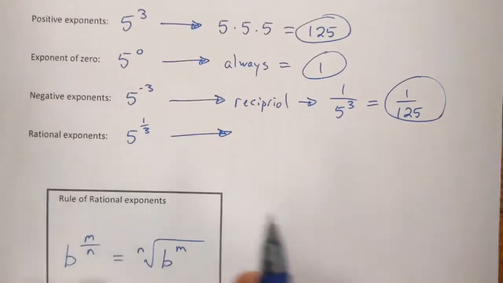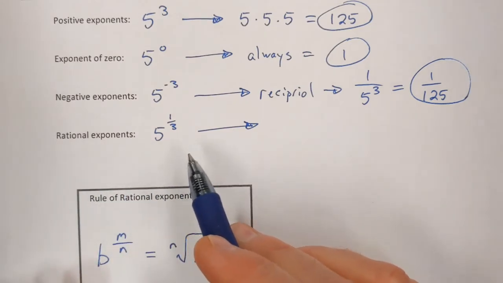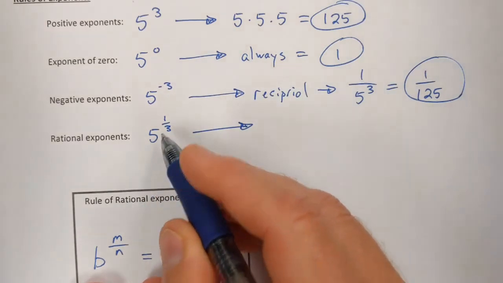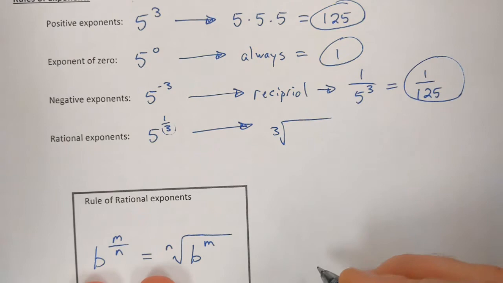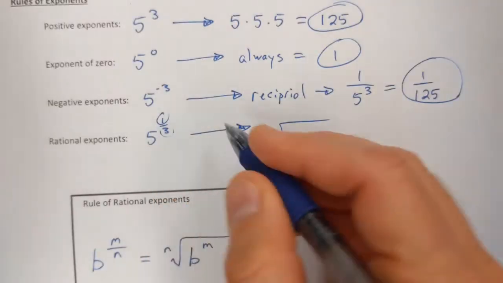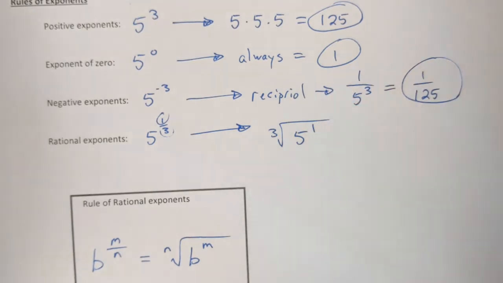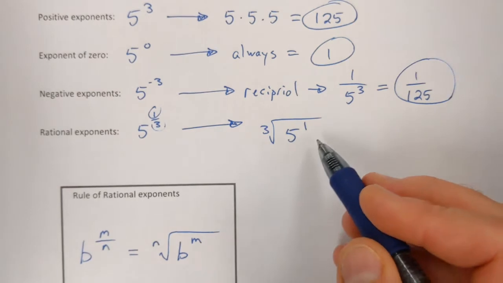All right, so now let's make the rule. This is the moment we've been waiting for. The rule for rational exponents, or fractional exponents, you can also call them. What we would do is the denominator of this fraction would become our root. This would mean the third root. The numerator of this fraction would become our power, 5 to the first power. This means the third root of 5 to the first power.